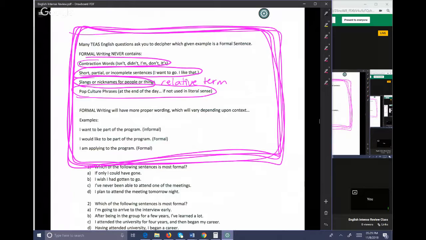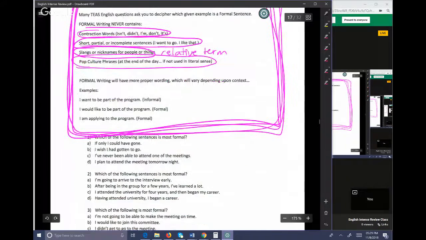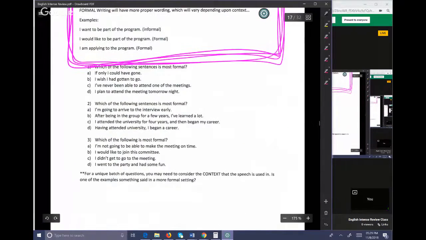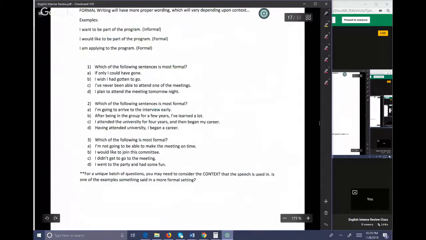So anything that is outside of a completely neutral, formal tone that absolutely everyone can understand would cause something to be informal. These first few examples are very similar to what I gave you before. So these are the easier ones. And then the next page has a couple that are a bit harder.